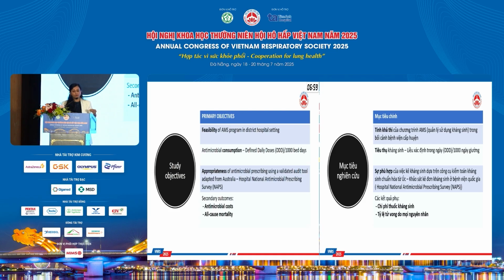So we used an audit tool that we adapted from Australia, because when you look at studies to assess appropriateness, there are various different ways we can assess it. This is a validated tool that's been used in several countries and looks at lots of different aspects to see how appropriate an antibiotic is. And also we looked at mortality and costs.